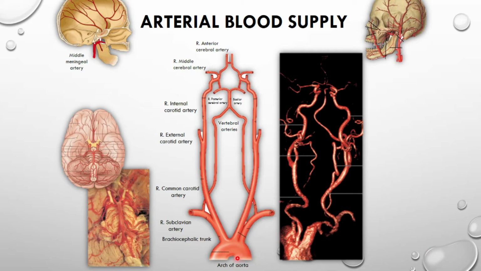If we look at the arterial, the biggest artery in the body is the aorta, and it has an arch. This arch lies about the vertebral level of T4 or T5, and from that arch, we usually get 3 branches.